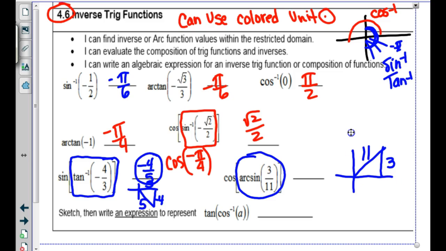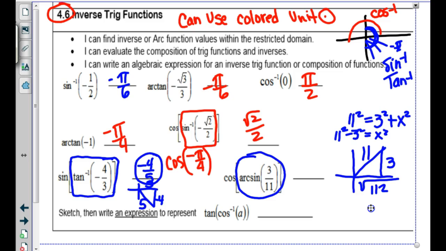If I do the Pythagorean theorem, I'm going to get 11 squared equals 3 squared plus x squared, or 11 squared minus 3 squared. So the square root of, what's 121 minus 9? Ew, 4 goes in there, I think.